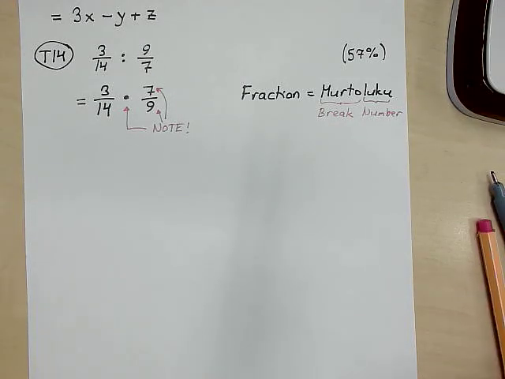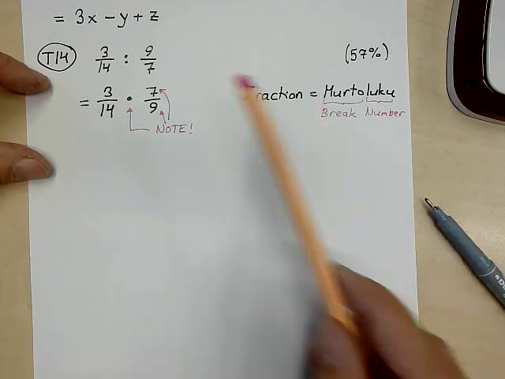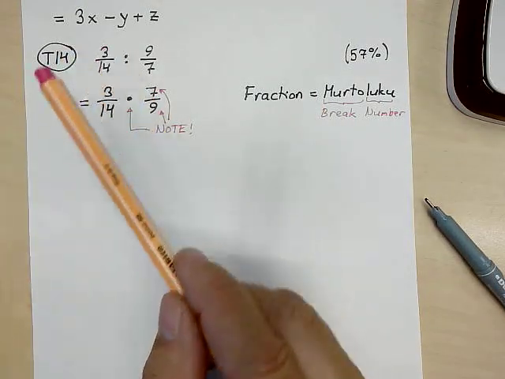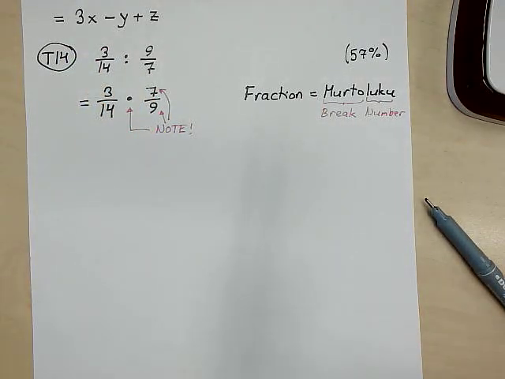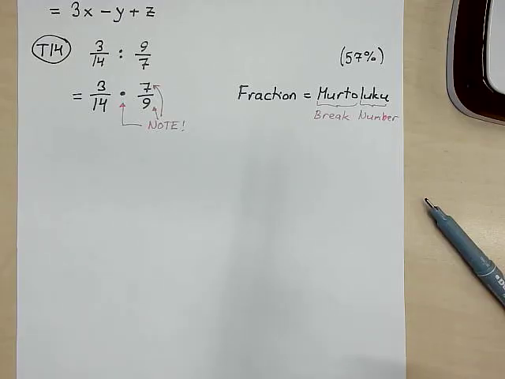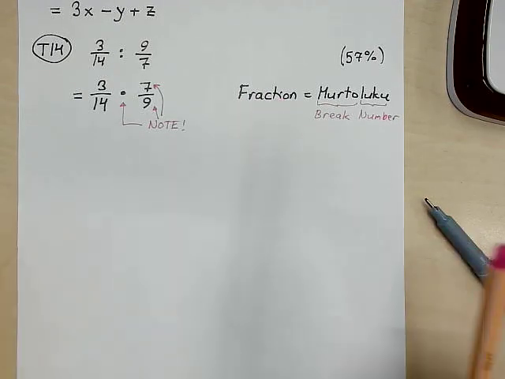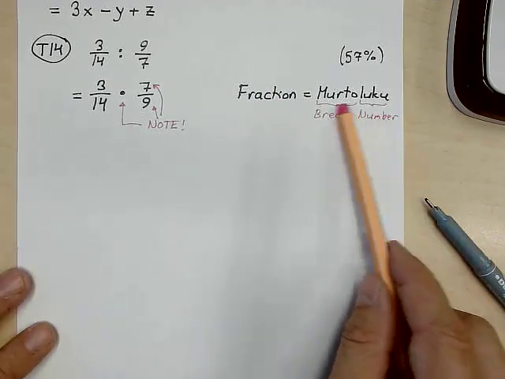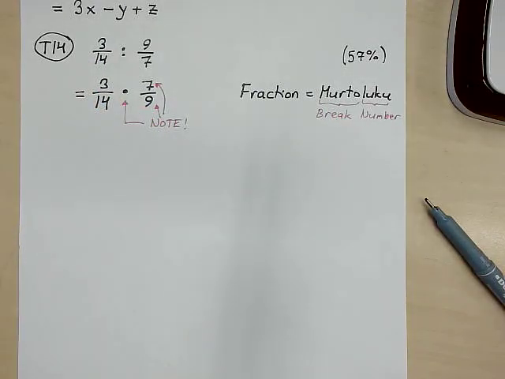So you may think that you have 3 divided by 14, this number 3 has been broken in parts or fractions, as it is said in English and in many other languages also. Murtoluku. Two whole numbers divided by each other is murtoluku in Finnish.